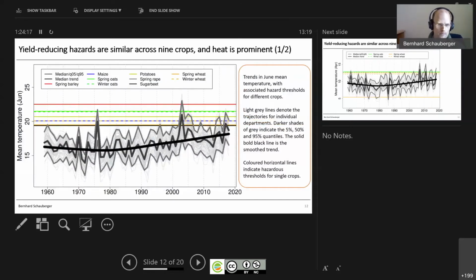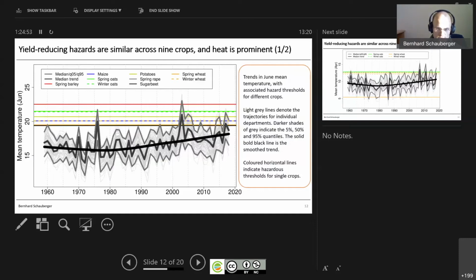And now if we look at climate conditions in France since 1959, we can see that heat-related or high temperature-related hazards have increased. So when you just look at the very thick black line, there's a small dip around the 70s, but then you see a clear increase up to today. And the colored horizontal lines are the hazard thresholds for different crops.